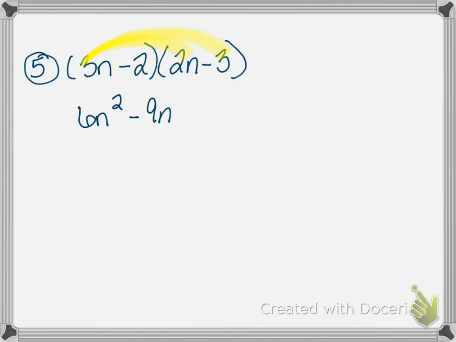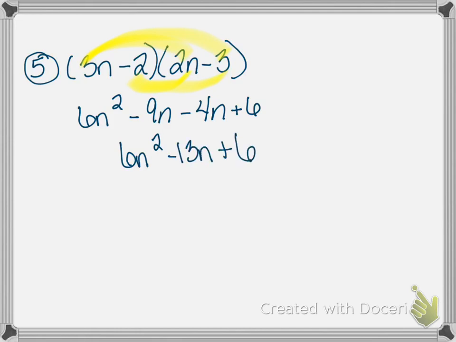My inner is negative 2 times positive 2n, so I have negative 4n. And my last is negative 2 times negative 3, which gives me positive 6. So I have 6n squared minus 13n plus 6. And that is my answer when I have FOILed these two.